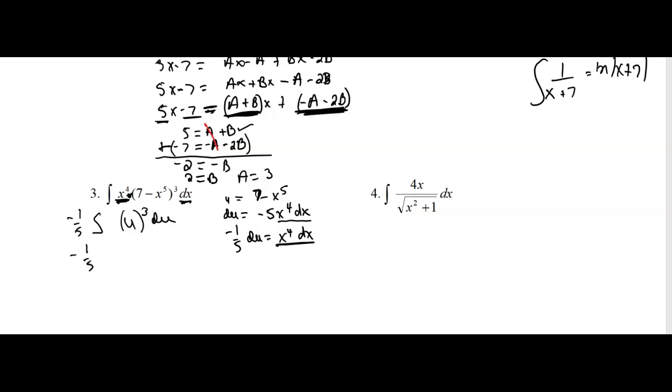As long as you get everything in terms of u and end up with something that's easy to find the antiderivative of, which we can check both of those boxes, we go ahead and do the antiderivative. And that should be your answer. And in this case, u was what? 7 minus x to the 5th over 20. It would all be negative, and then add your constant. Okay.